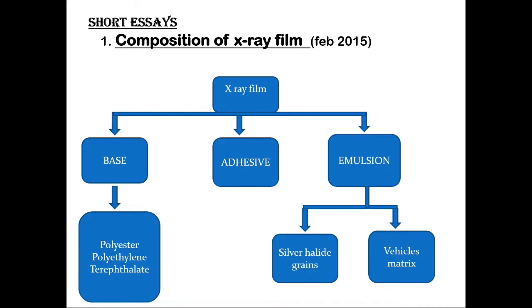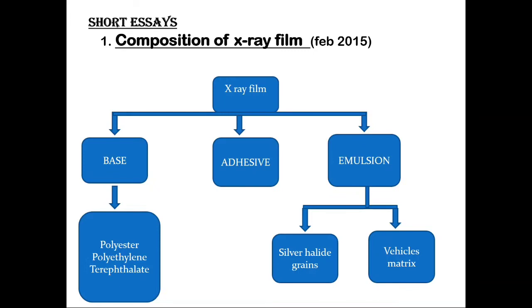And emulsion, it comprises the silver halide grains and the vehicle itself. So the silver halide crystals that are found are mainly composed of crystals of silver bromide. And then the vehicle here, what happens is the silver halide grains have been suspended into this vehicle, and it is applied on both sides of the supporting base.